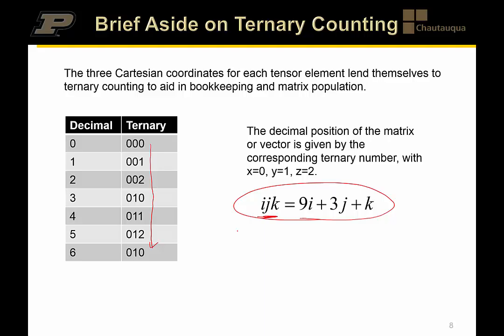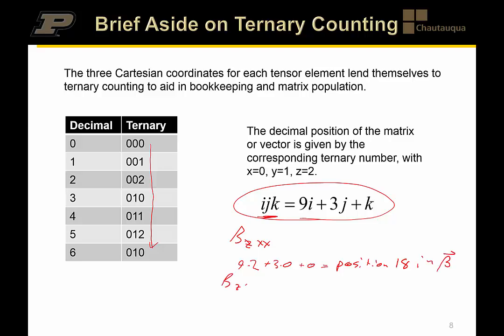So for example, if we want to consider what beta ZXX is in vectorized form, what position that occupies in the vectorized form of beta, that entry is going to correspond to 9 times 2 for the z, plus 3 times 0 for the x, plus 0 for the x. So that will correspond to position 18 in beta in the vectorized form.